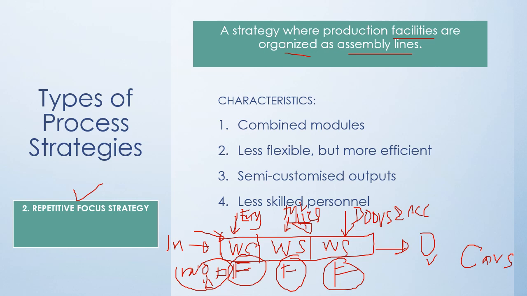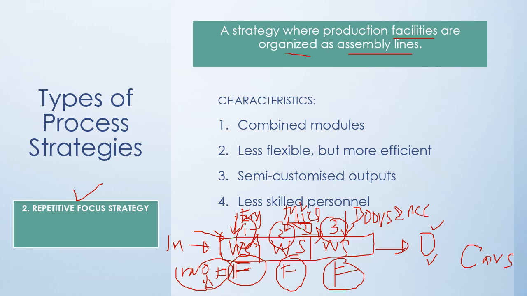So workstation number 1 here will be the first one to do engine assembly. So this is the first process. Second process is to assemble the tire. Once the tire have been assembled, then it will be passed to the next workstation to assemble the door, workstation number 3. And after that, the complete ataupun the finished product will be produced over here.